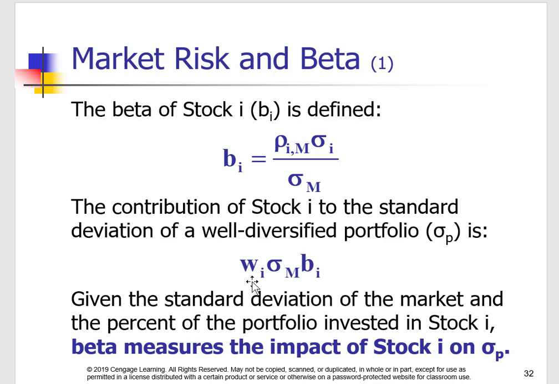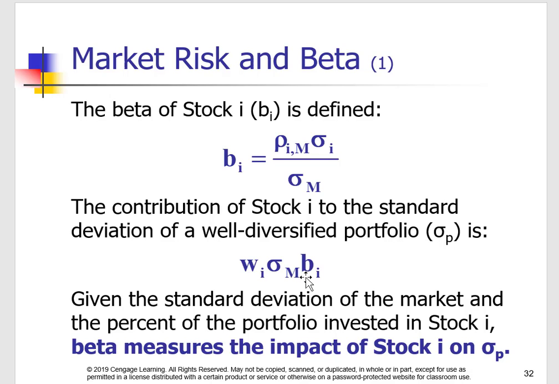But if you take the weight of the asset, multiplied by the riskiness of the stock market, standard deviation of the market, multiplied by the beta of the asset, that will tell you how this asset contributes to the market risk, right? So how does it contribute to the market risk of the company?